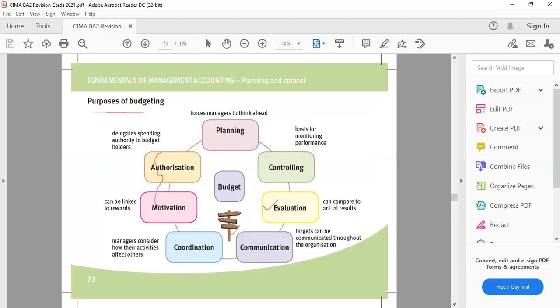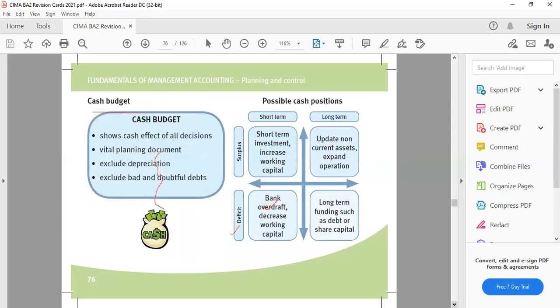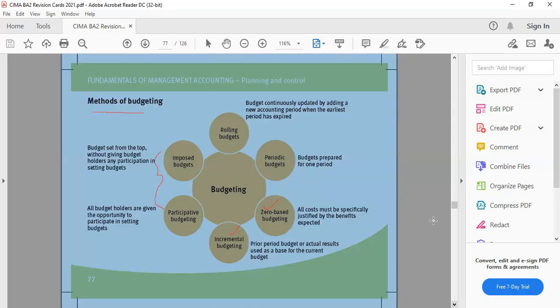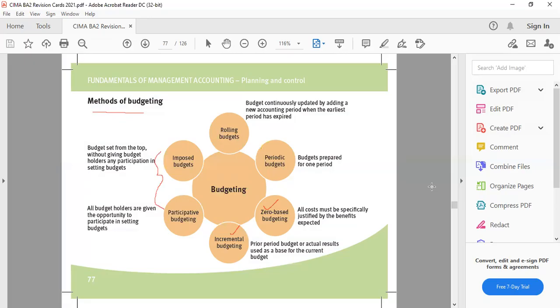Evaluation talks about comparing their performance with the planned performance, the budget. Because in future they would be compared, they do not include a tight, difficult standard, or a standard which is in the real sense the appropriate amount. Rather, they include a budgeted figure which is very easy to achieve.